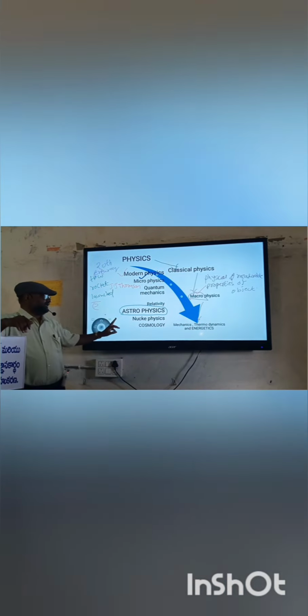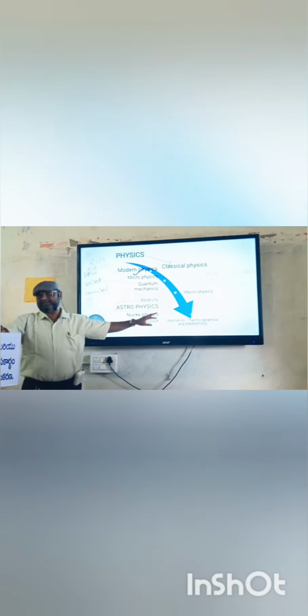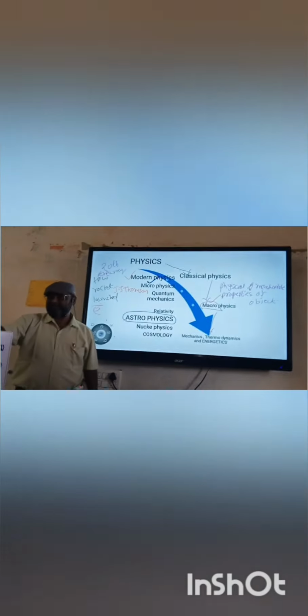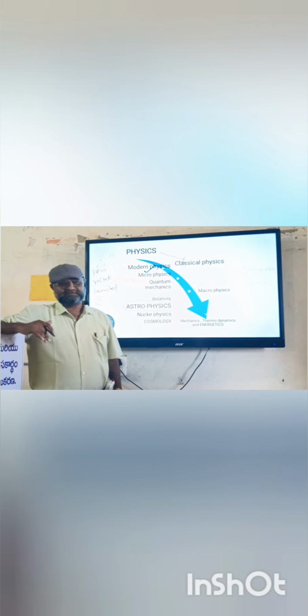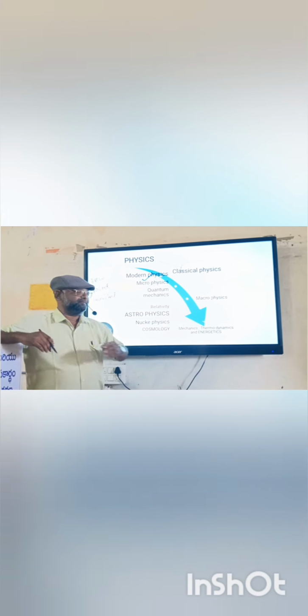After astrophysics, we have nuclear physics, which is related to nuclear technology and nuclear power reactors. Again, there is cosmology, the branch of physics which studies stellar objects. I think this will give you a clear-cut idea of the different branches of physics.